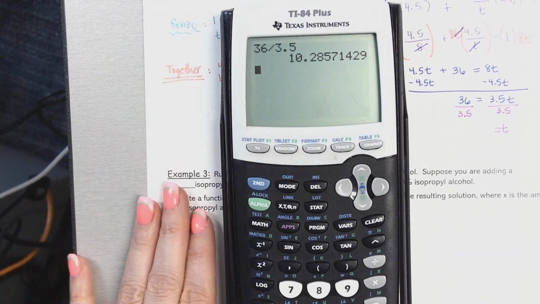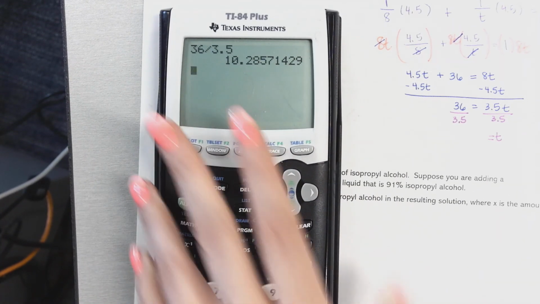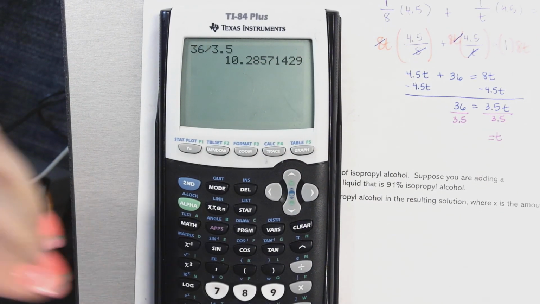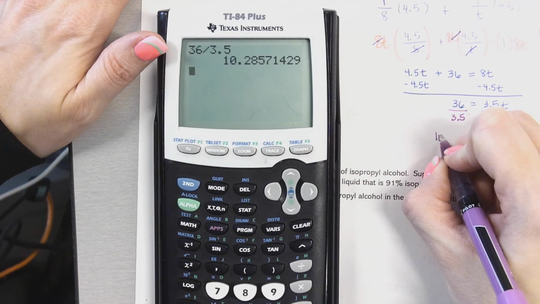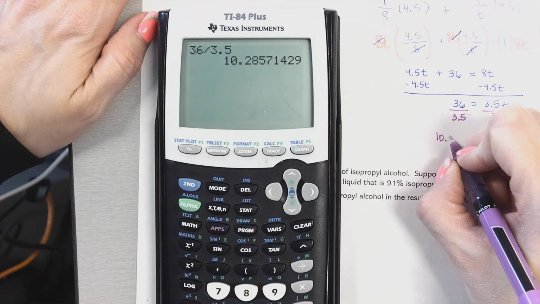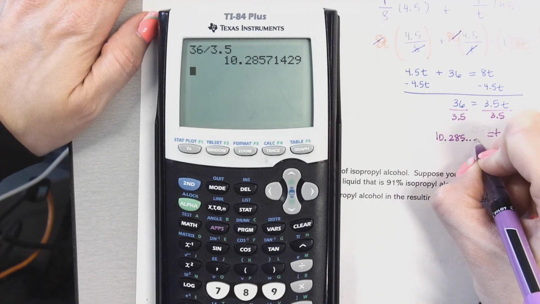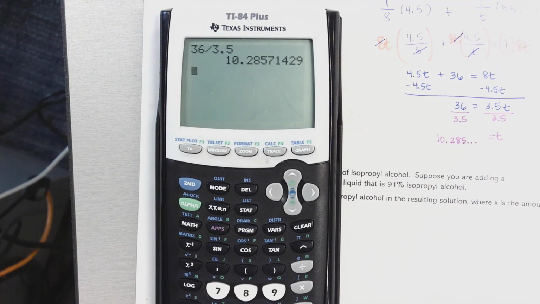Now when I divide that, I get this long decimal here. In this case, the time is in terms of what unit? Hours. So a lot of times we don't just leave something in hours and say it's 10.3 hours.